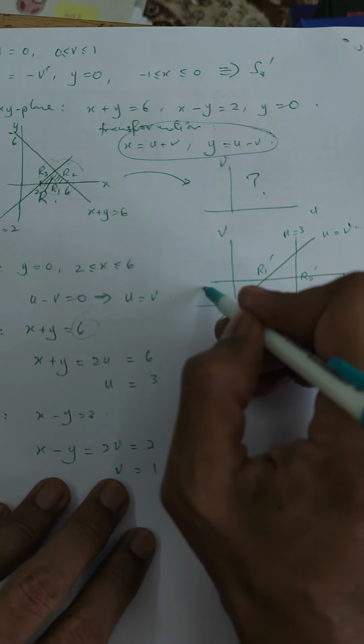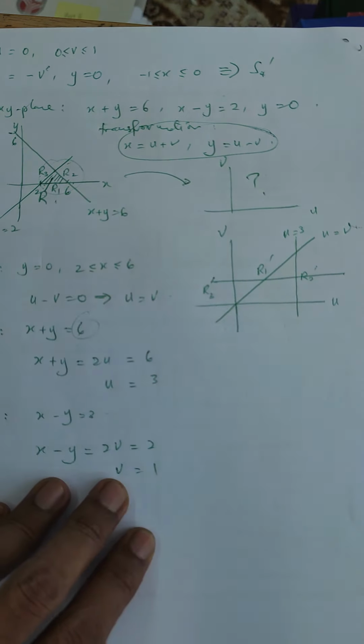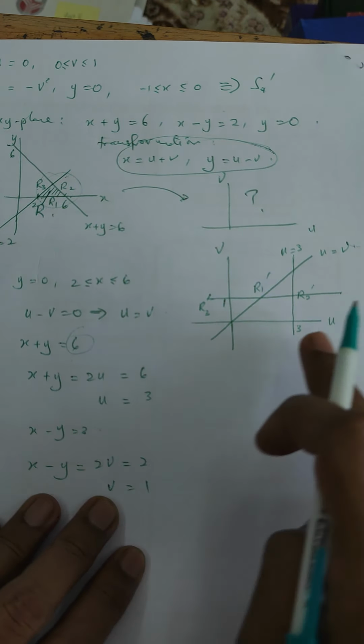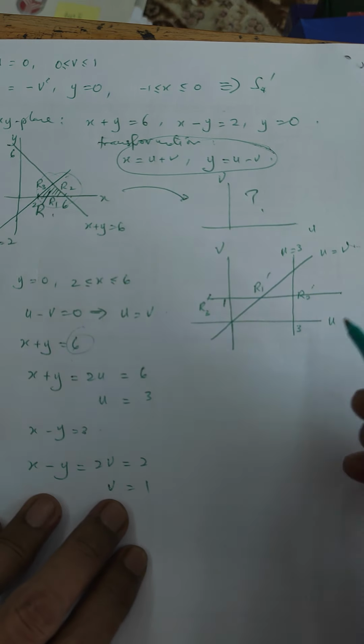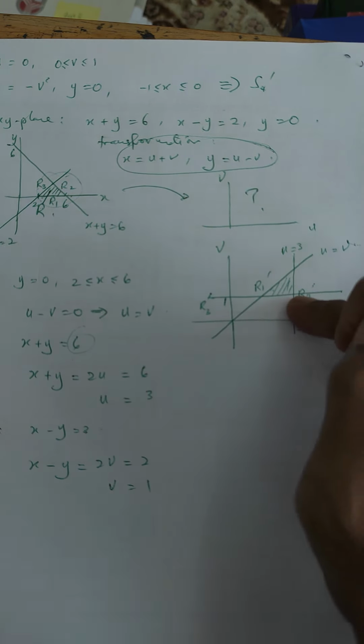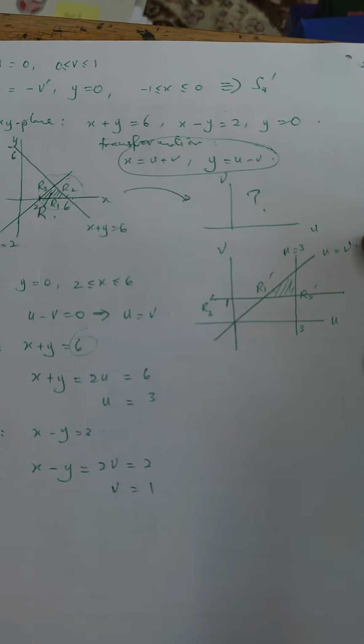This is your R3 prime. So this is 1, this is 3, and this is v equal to 1. Our region is that. This is the region under the new transformation on the UV plane.